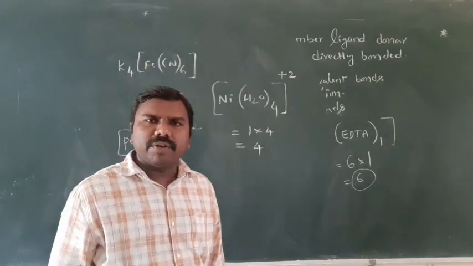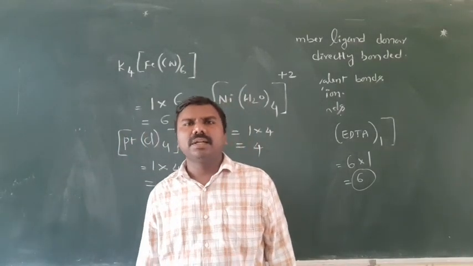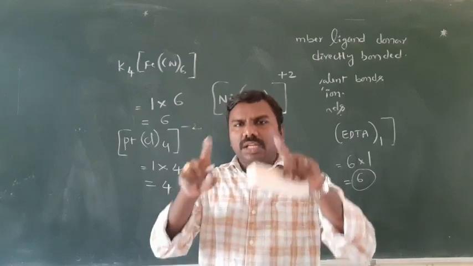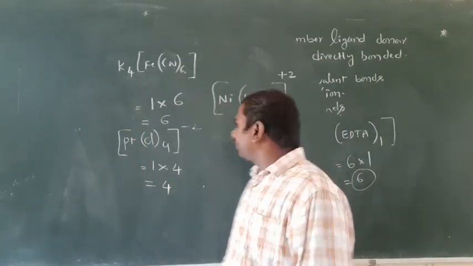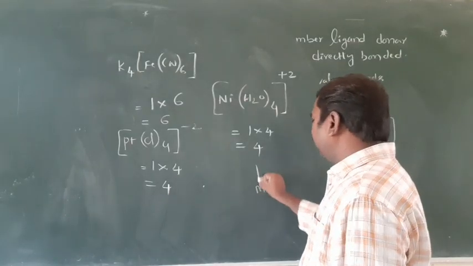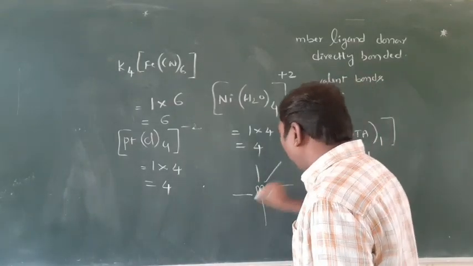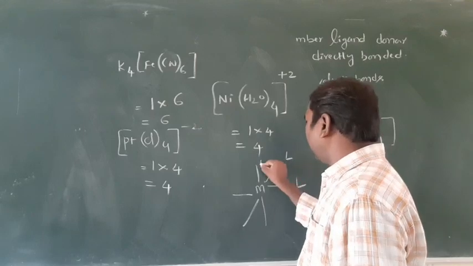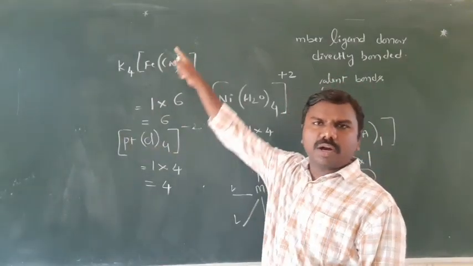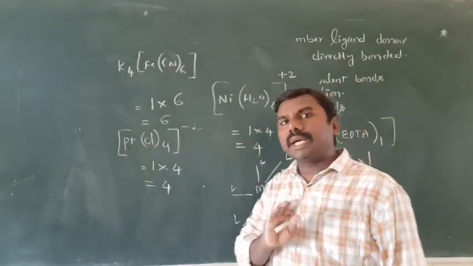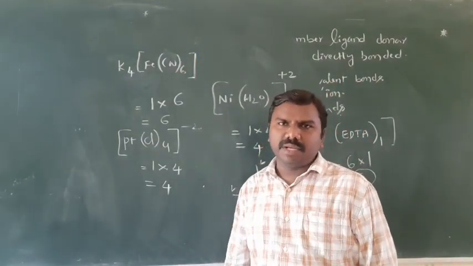So it is easy to identify the coordination number by looking at the ligands present in the coordination entity. Now you remember, the number of covalent bonds between the ligand and central metal atom is only considered as the coordination number, but not pi bonds. It is very, very important.